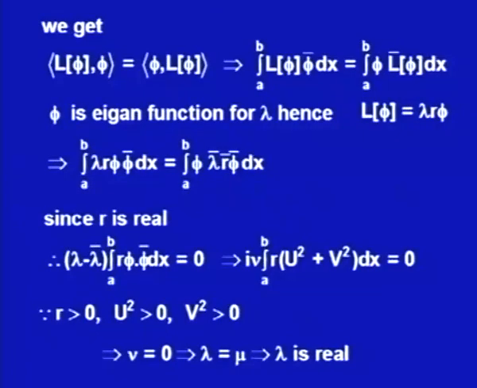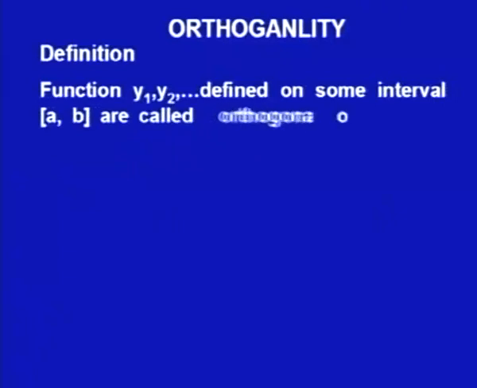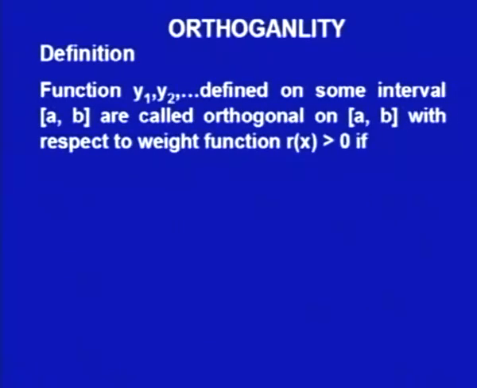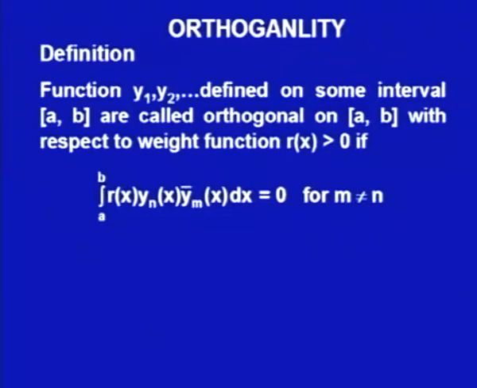The second property is again related with these eigenvalues and eigenfunctions, and requires one more definition. That property belongs to orthogonality. Let us first see the definition of what we call orthogonality. Functions y1, y2, up to yn, which are defined on some interval a to b, are called orthogonal on a to b with respect to a weight function r x, which has to be positive, if the integral of r x times yn times ym bar x dx on a to b is 0 for all m not equal to n.